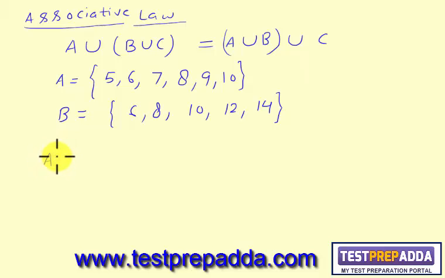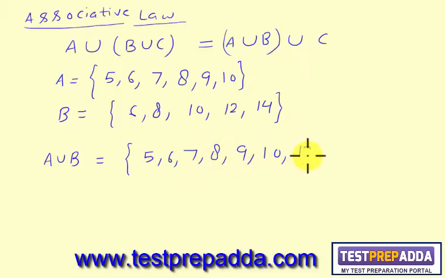A union B is equal to 5, 6, 7, 8, 9, 10, 12, 14.